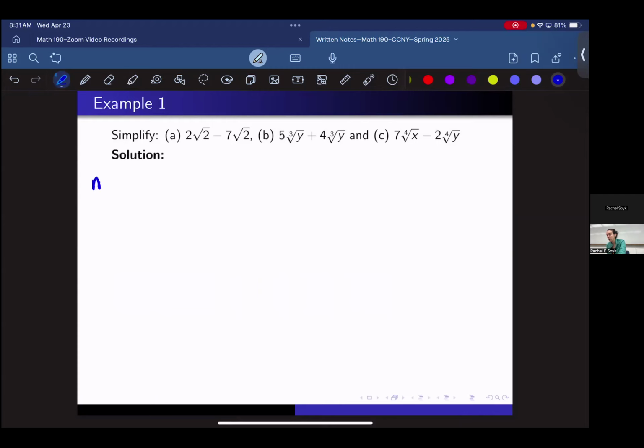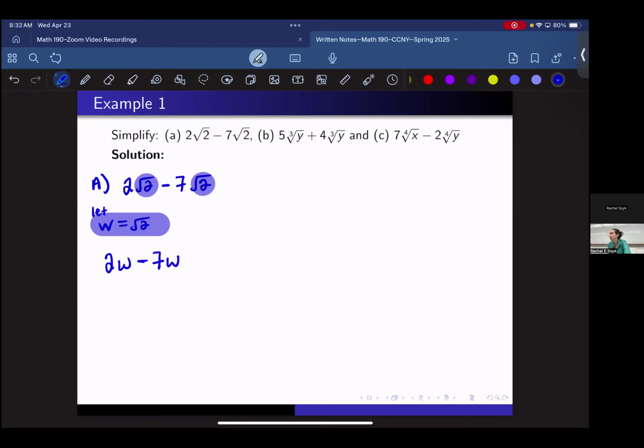Our example 1, we're looking at 2 square root of 2 minus 7 square root of 2. Again, treat that square root of 2 as a variable. Let's call it w. We're going to let w be equal to the square root of 2. When we do that, we're really essentially just looking at 2w minus 7w.